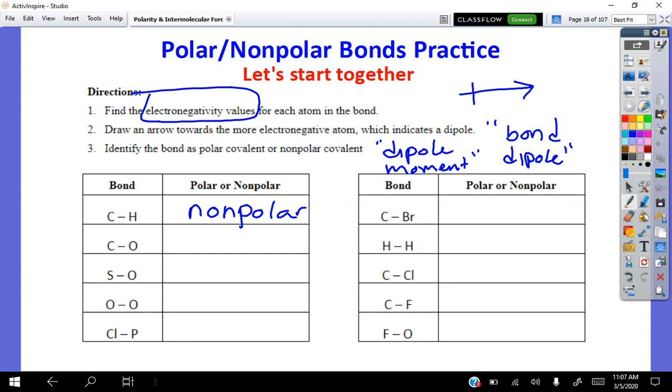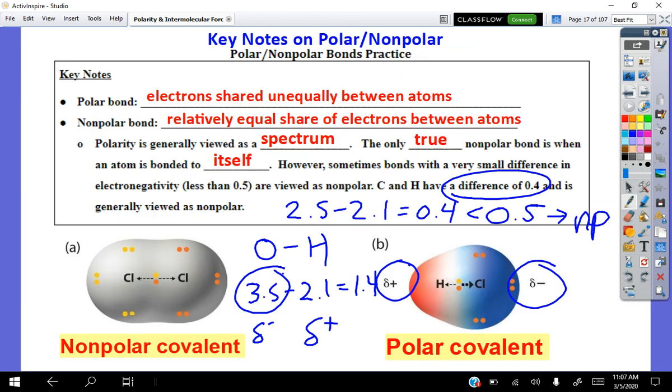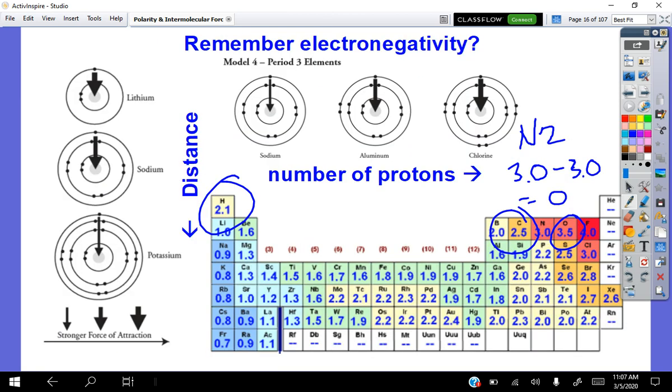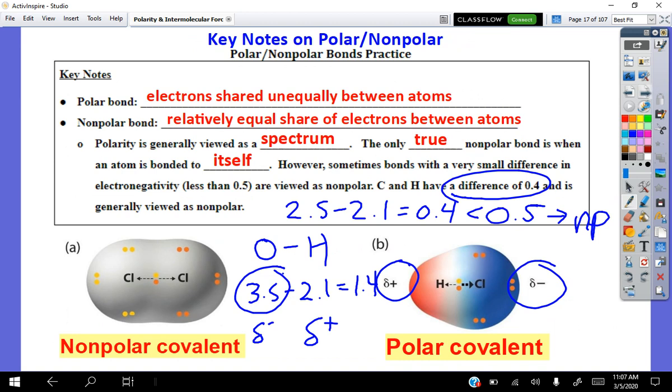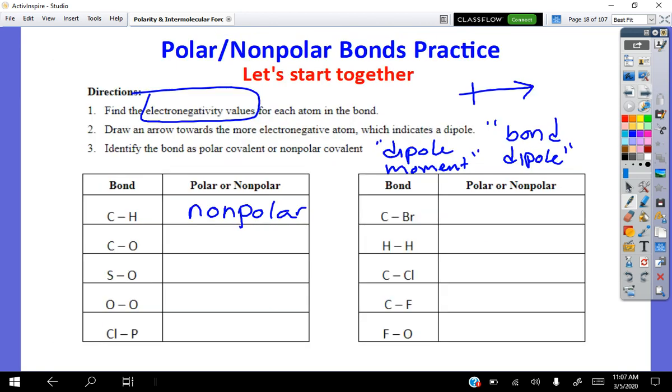The arrow always points towards the more electronegative atom, and this tail kind of looks like a plus sign, so that goes with the more positive or less electronegative element. So in this next one, we've got C and O. If I go back to my values, I've got 2.5 for C, 3.5 for O. The difference between 3.5 and 2.5 is 1, which means we can classify this as polar.